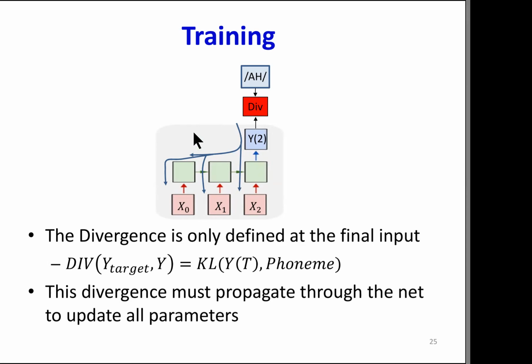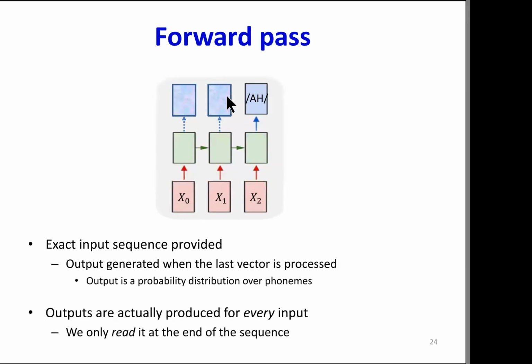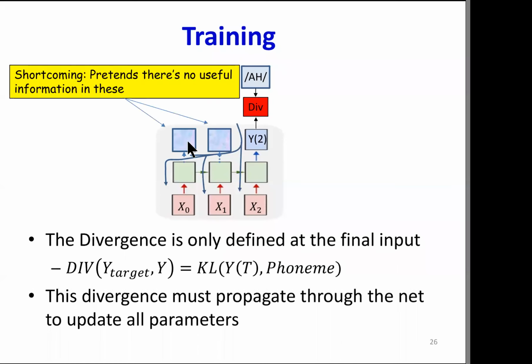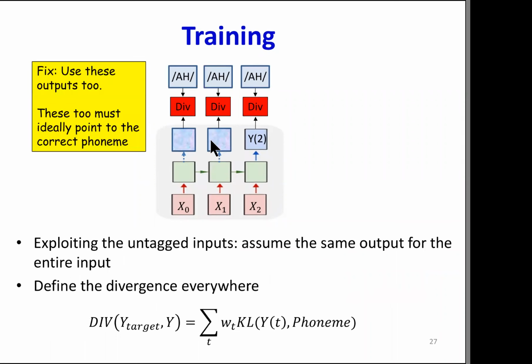The network is actually producing outputs everywhere, as we saw. We just happen to be reading the output at the final instant. And this is basically pretending that there's no useful information coming from these two inputs, which is kind of wasting the information in those classification outputs.